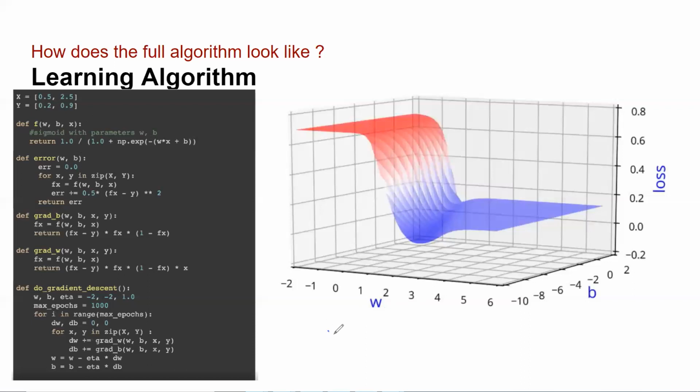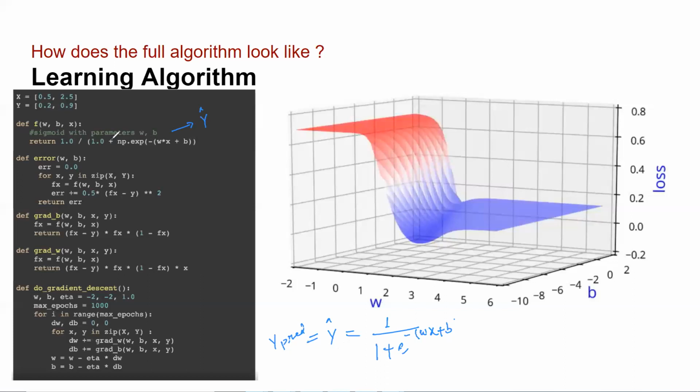What was my formula of y hat? My y hat was 1 upon 1 plus e raised to minus wx plus b, right? This is y hat. Also, you can call it y pred. So this is the function for computing my y hat.